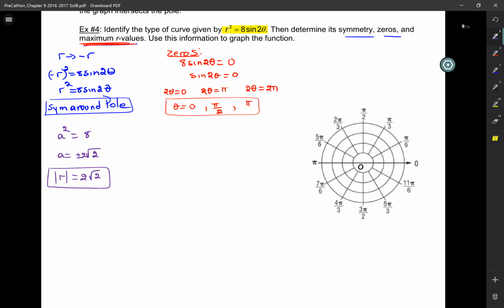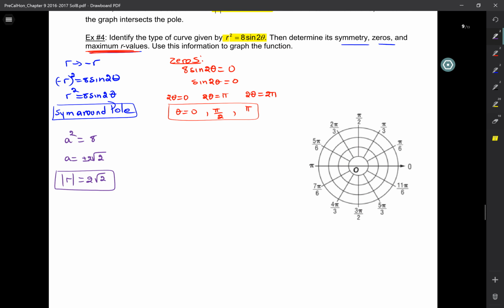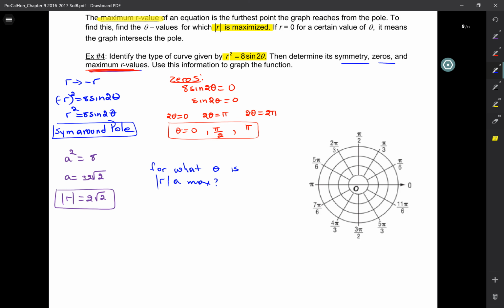Now, in order to graph this, you need to figure out for what values of theta is R a maximum. Remember we just said this is a sine, and the sine is the maximum at pi over 2 and 3 pi over 2. In this case, this is R squared is equal to something. Is this value ever going to be positive?